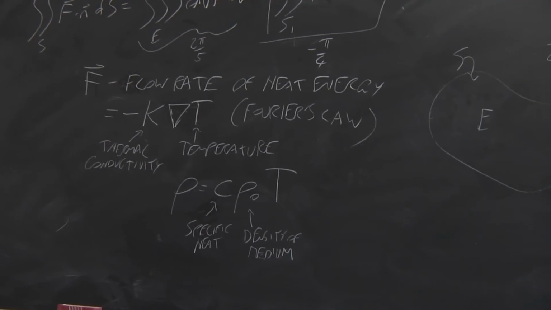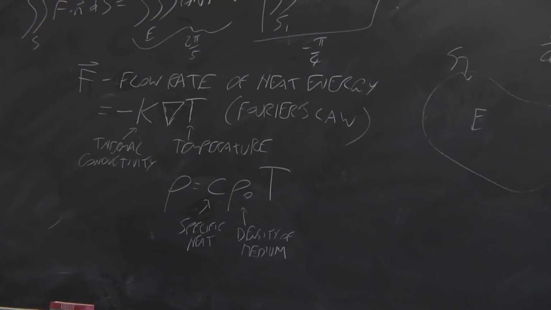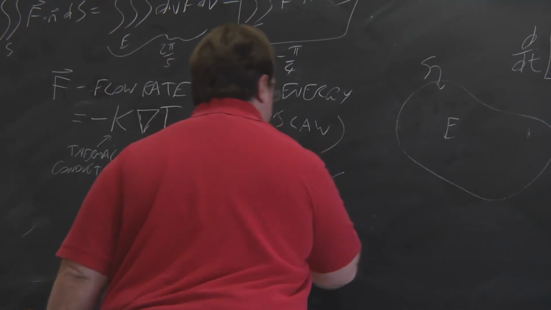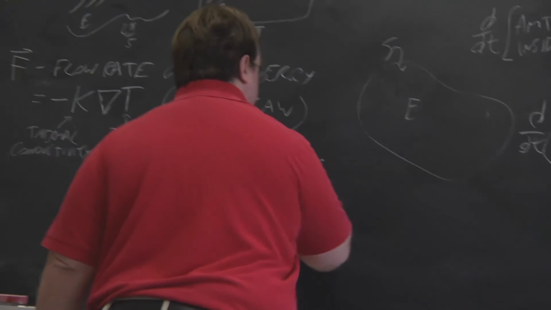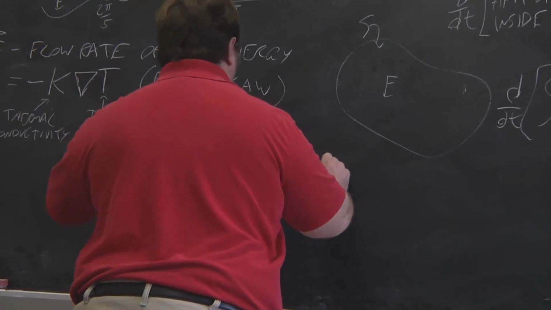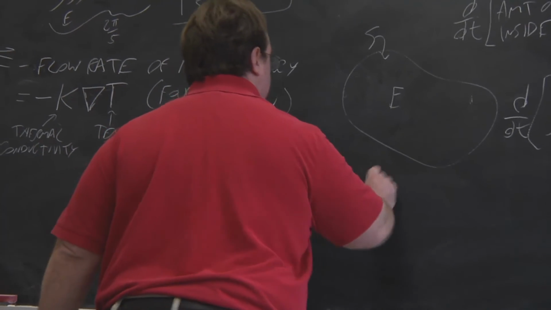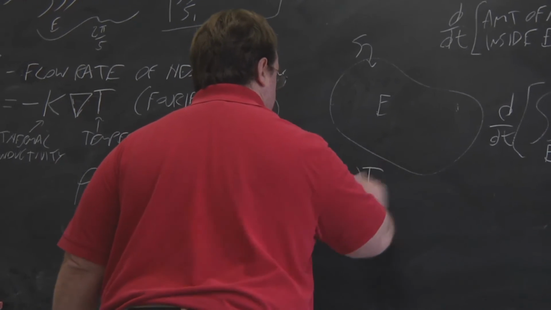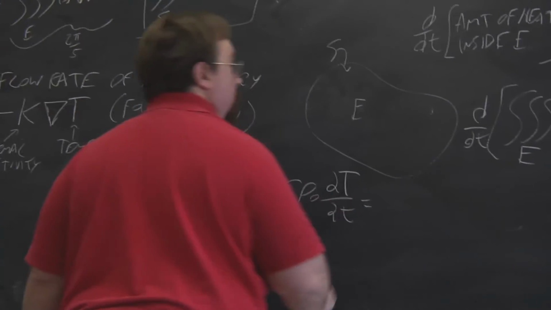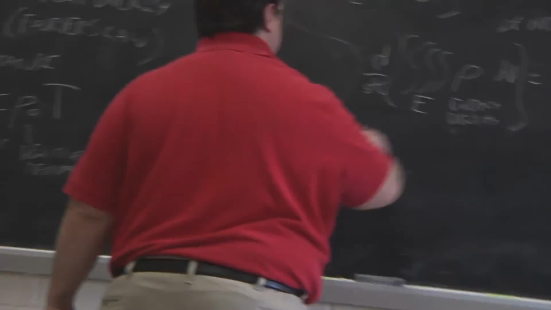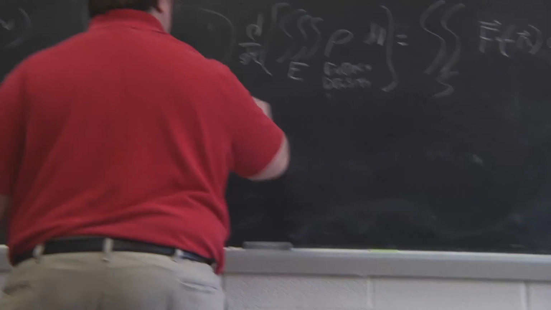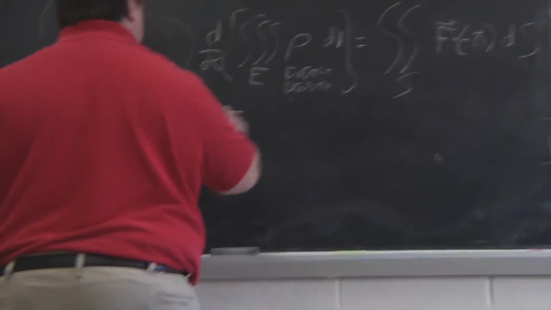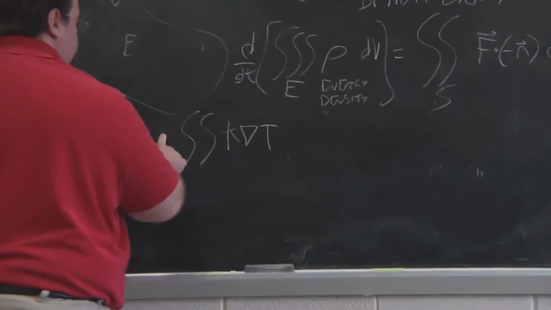Okay, so now what we can do is say that the triple integral over E of specific heat, density, and the rate of change with respect to time of T is equal to minus the surface integral of your vector field, which is K gradient T, but we have another minus.